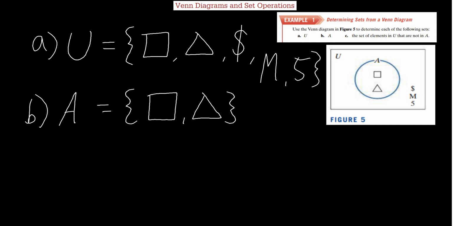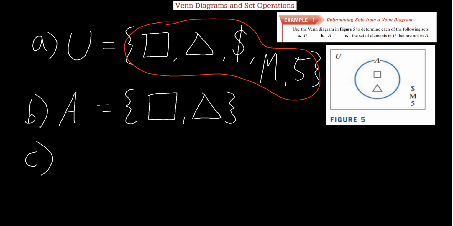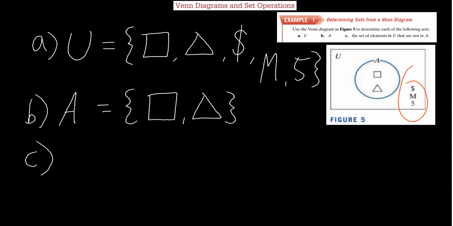We'll come up with a word for that in a moment, but what is in U and not in A? Well, these are all the elements in U, and these are all elements in A. So not square, not triangle. So it looks like just the dollar sign, M, and 5. And of course, we can see that very clearly over here, the dollar sign, M, and 5.